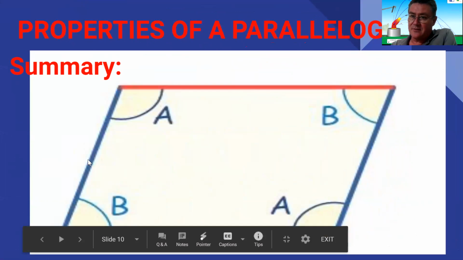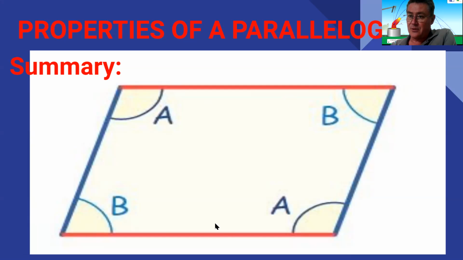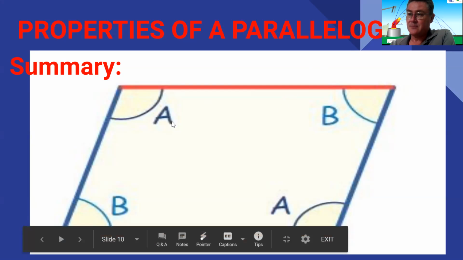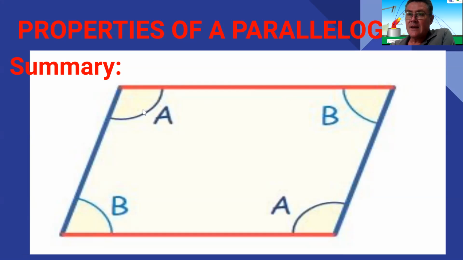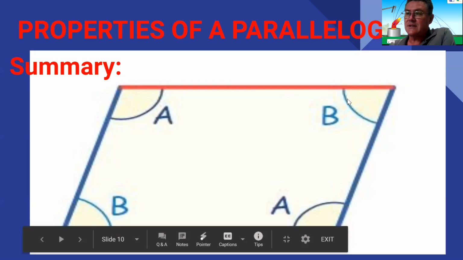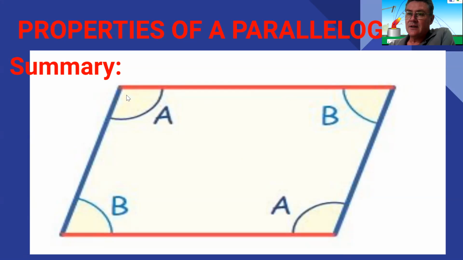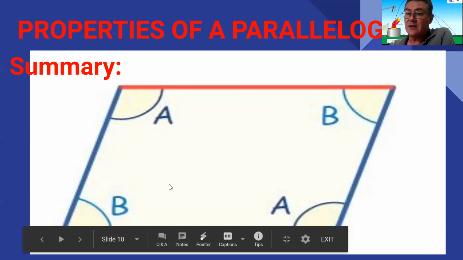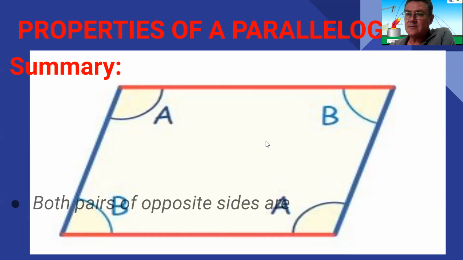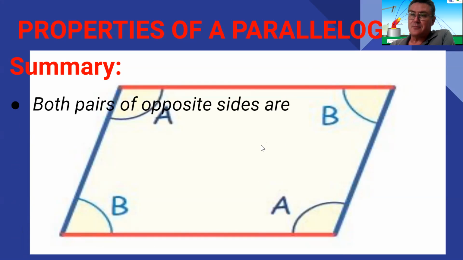What can you say of the sides? The opposite sides of a parallelogram, the interior angles, the opposite interior angles, the sum of the angles, and then the diagonals. Do they bisect, yes or no? Let's look at that.